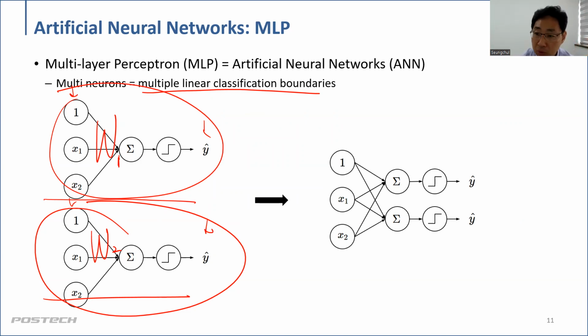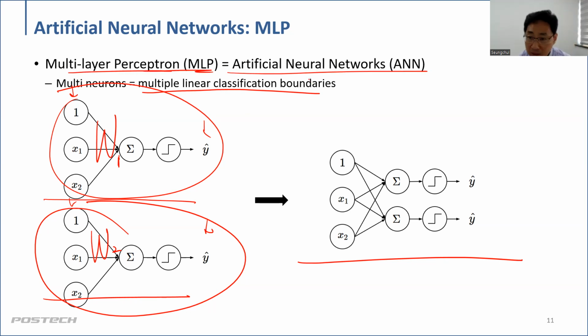So let's combine them together like this. This is a critical moment. That's why we call it a multi-layer perceptron, or artificial neural net.